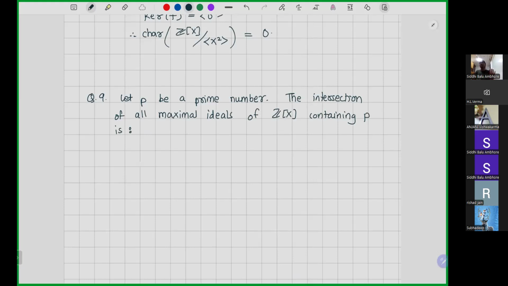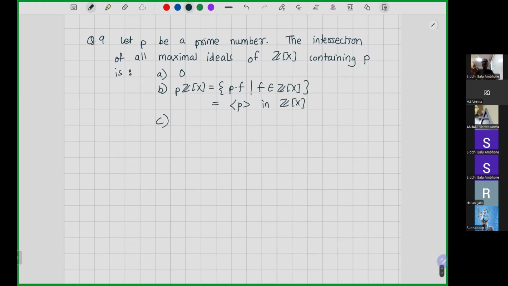So P is a prime number and we are in Z[x]. When it says it is containing P, it also contains the ideal generated by P. Their question is whether this is 0, and they are writing something as P[x], which is P times f, where f is in Z[x], and it is also nothing but the ideal generated by P in Z[x].